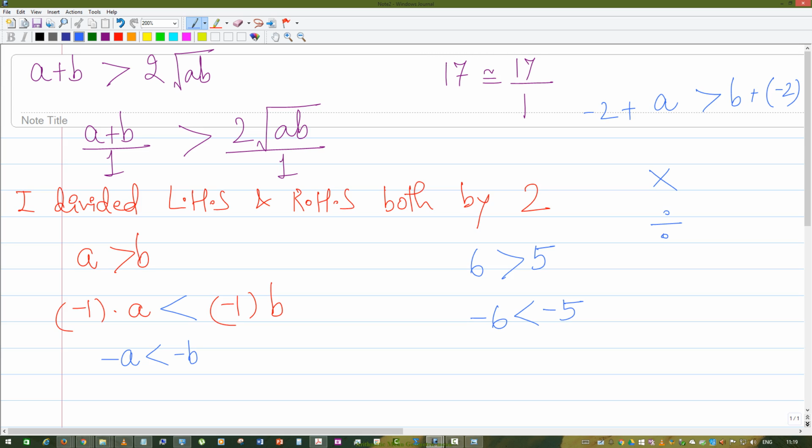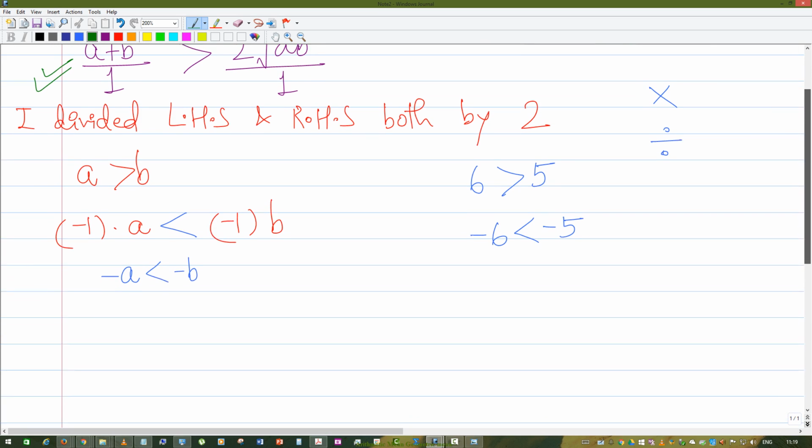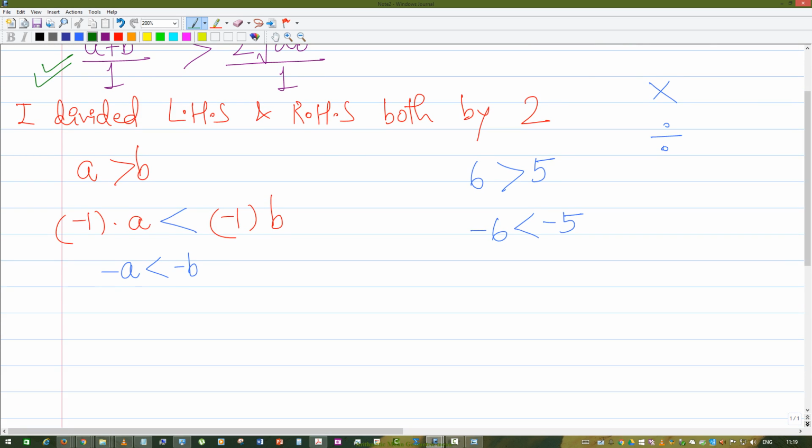But in this particular case, we didn't have any need to change the sign of inequality, because we divided both LHS and RHS by a positive quantity, that is a plus b over 2 is greater than square root of ab.